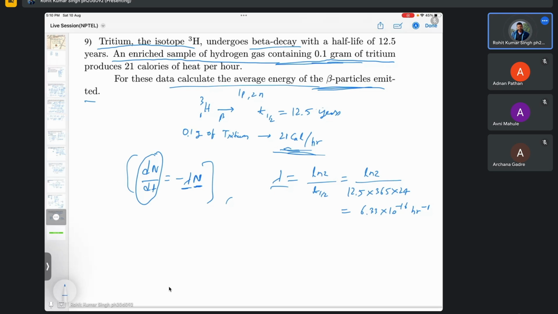So we will know the number of decays per hour, and then we can calculate the average energy based on this number.